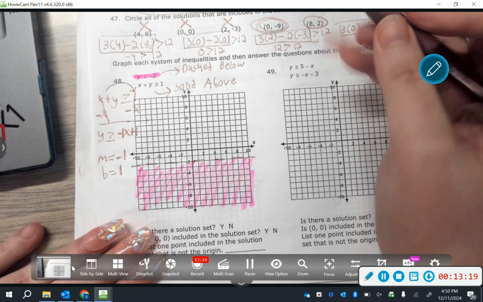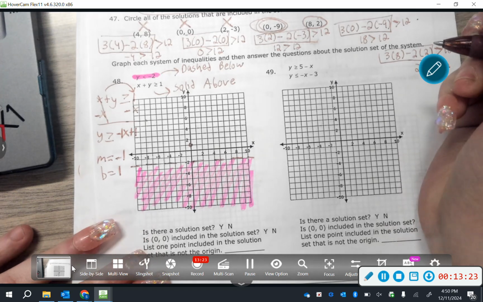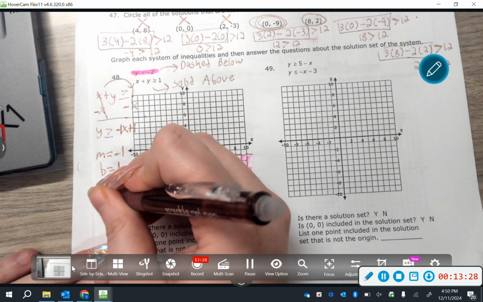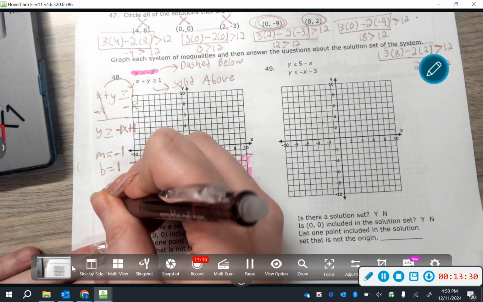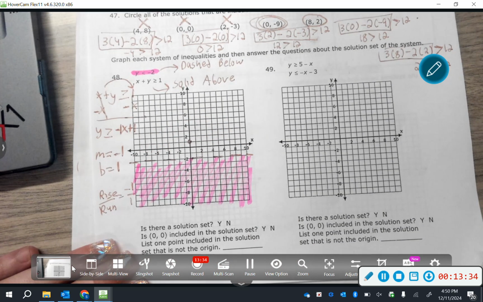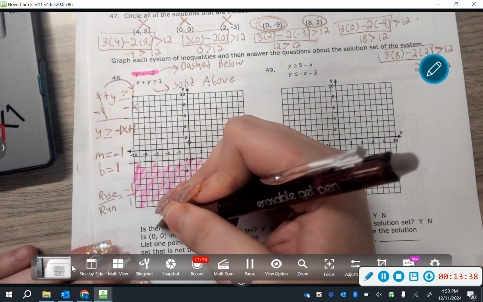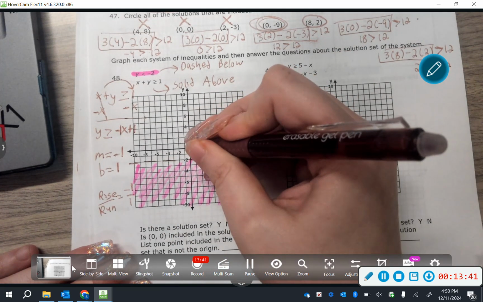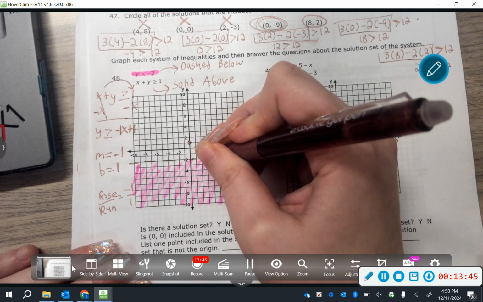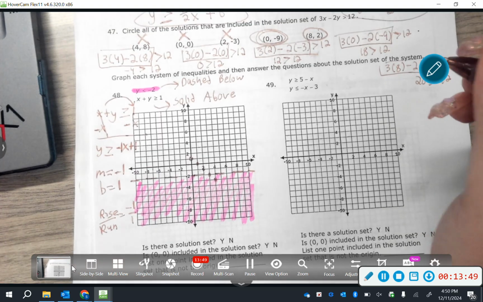So where am I going to start? I'm going to put a point on my y-intercept, which is at positive 1. My slope is negative 1, so if you think of it as rise over run, that would be negative 1 over 1. That means we're going to go down 1, right 1, down 1, right 1, and so on.